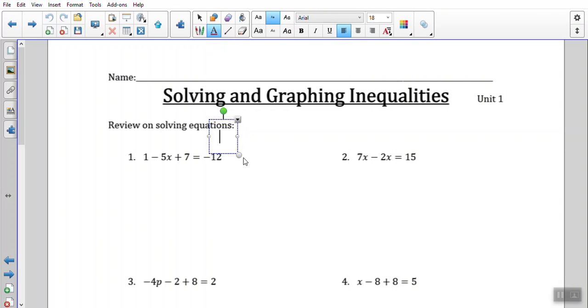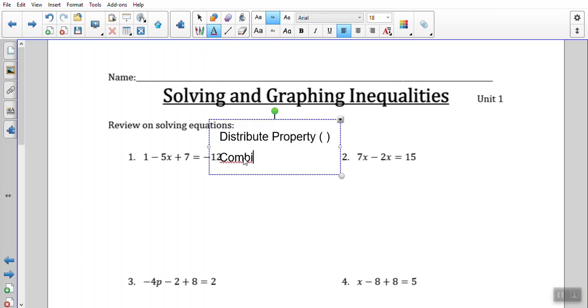The first thing is we want to look to see if we need to distribute. If you see parentheses, you know you're going to be distributing. The next thing is you're going to look to see if you need to combine like terms.